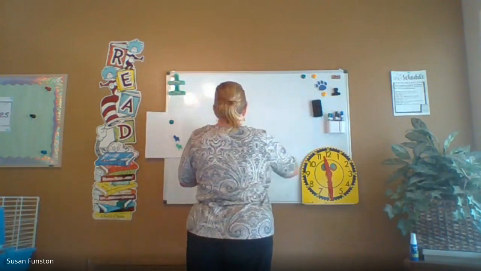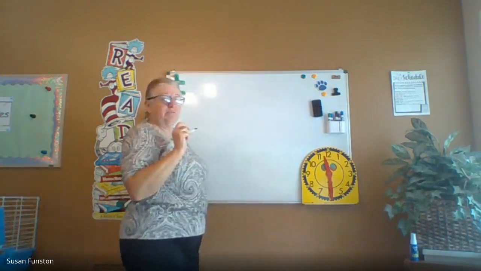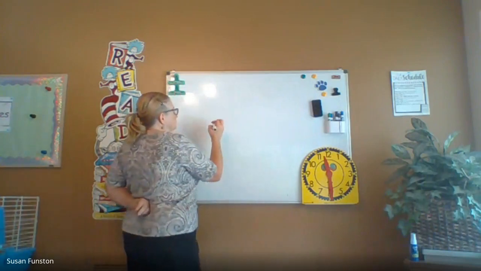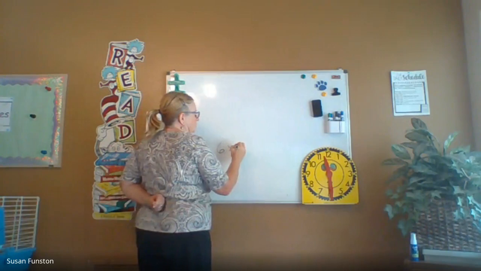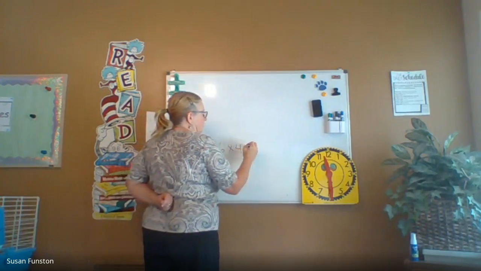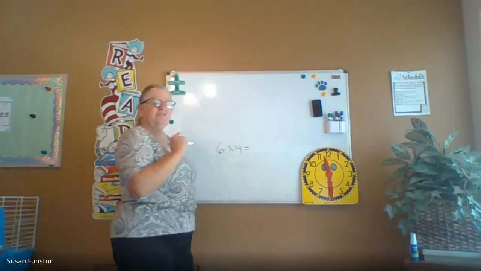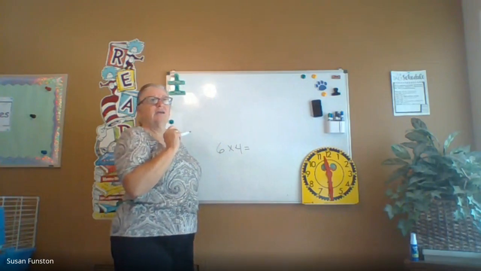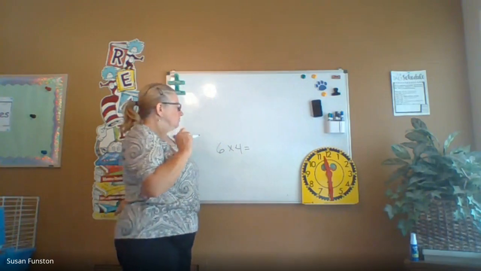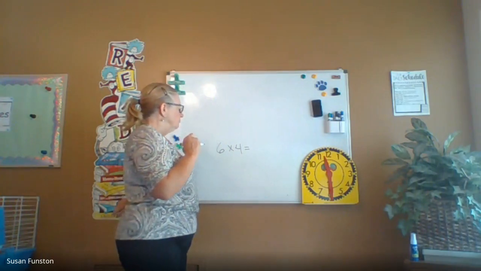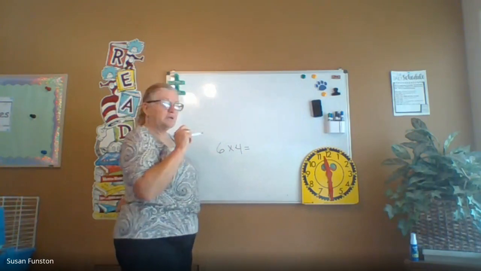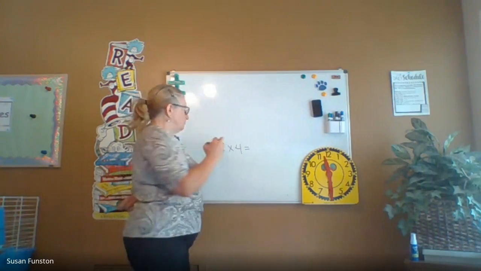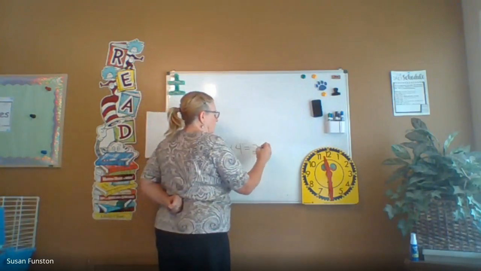What if I want to figure out a pretty big number, like 6 times 4? Okay, we counted by 4s today, so we could count by 4s and say 4, 8, 12, 16, 20, 24.